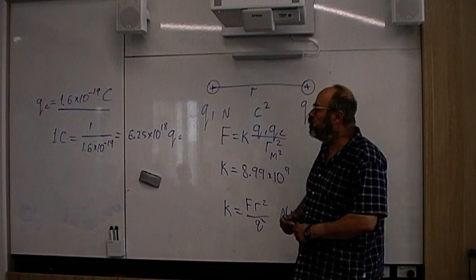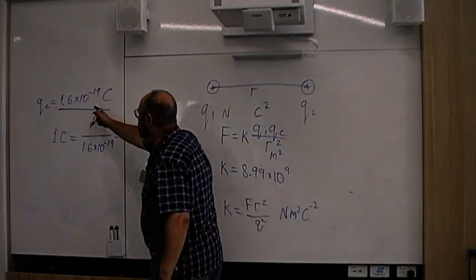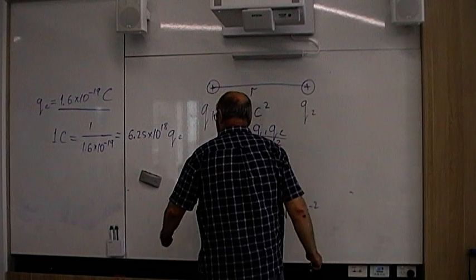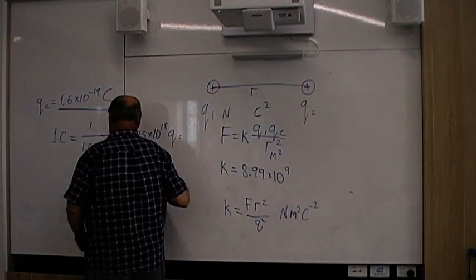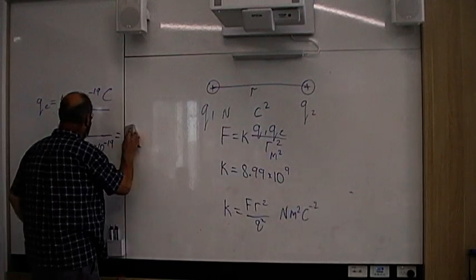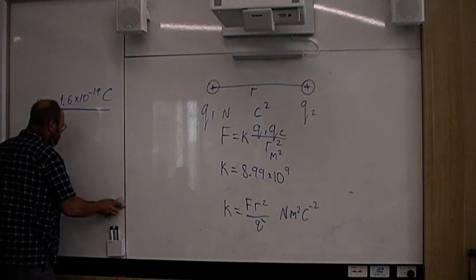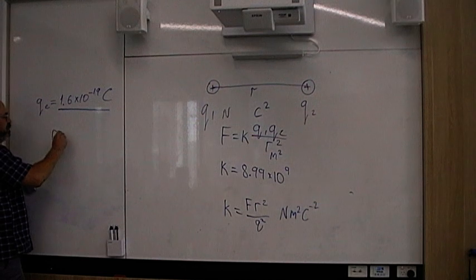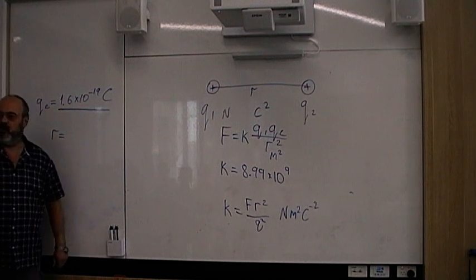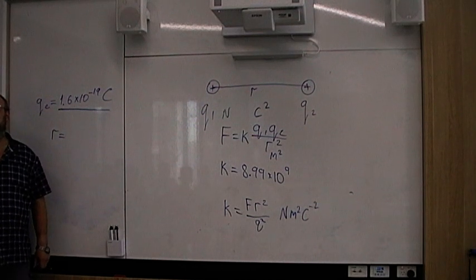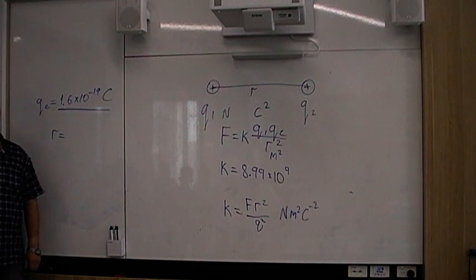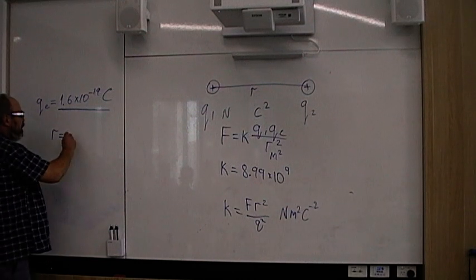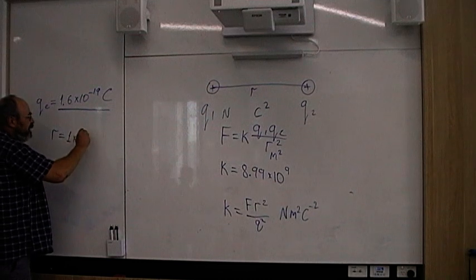So we have 2 charges, both 1.6 times 10 to the negative 19, and the distance between them, let's say approximately, the distance r between the proton and electron in the hydrogen atom, is 1 times 10 to the negative 10.